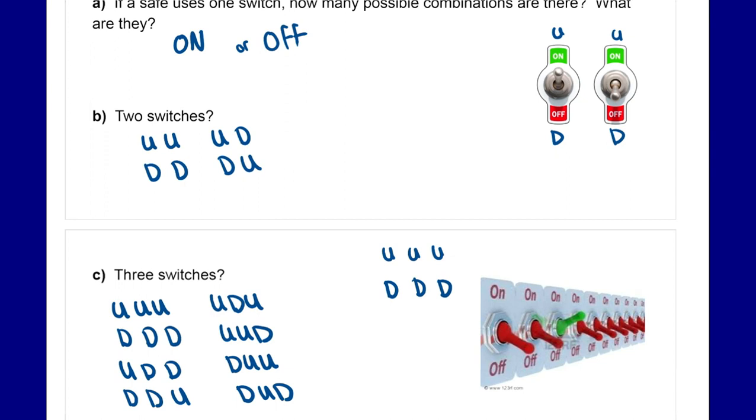Down, up, down. I think that is it. I only think that's it because I already know how many there are from doing this before, but if you go through, you won't find any other combinations.